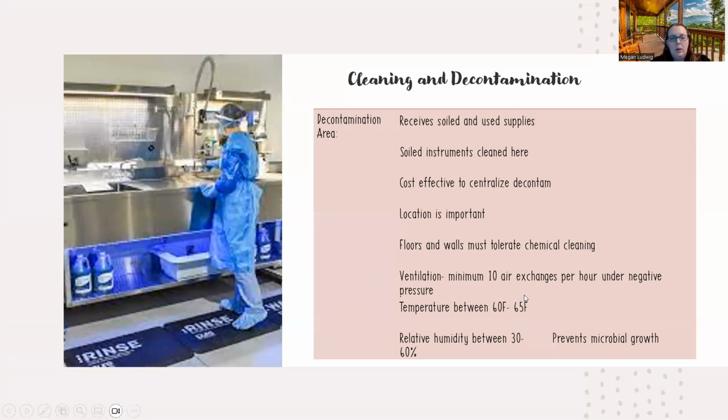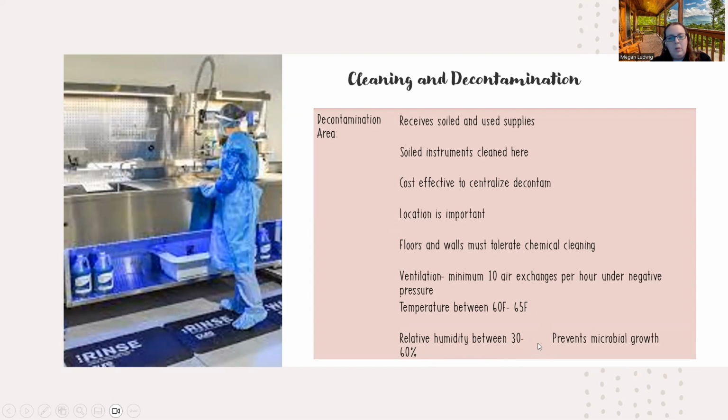Okay. Or the temperature should be between 60 and 65 degrees. Some facilities might go 67-ish. But that's about as high as you really want it, because the higher it is, the more likely you are going to have bacterial growth, or even could affect the humidity. So you want to keep it relatively low, and the humidity between 30 and 60%.